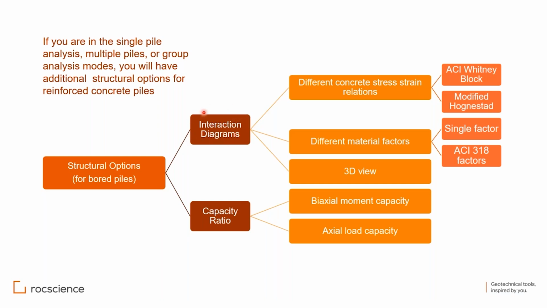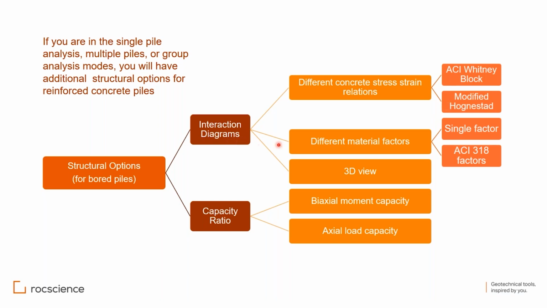Now, interaction diagrams in RSPile can use different concrete stress-strain relations. So we have the ACI Whitney block and the modified Ognestad method. And we are up to adding more stress-strain relations for the concrete.